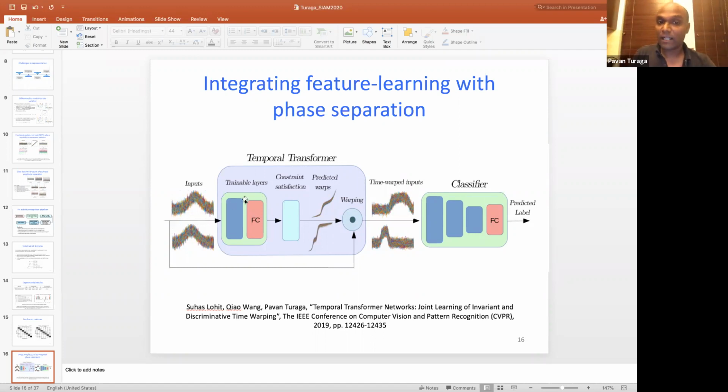There are some trainable layers, which of course you have some freedom to design how they look. We use some fully connected layers and some 1D convolutions. What we want these trainable layers to spit out is a warp function. And the way we force it to spit out a warp function is to introduce constraints in this layer that will, using the square root velocities way of thinking, make it a valid warp function.